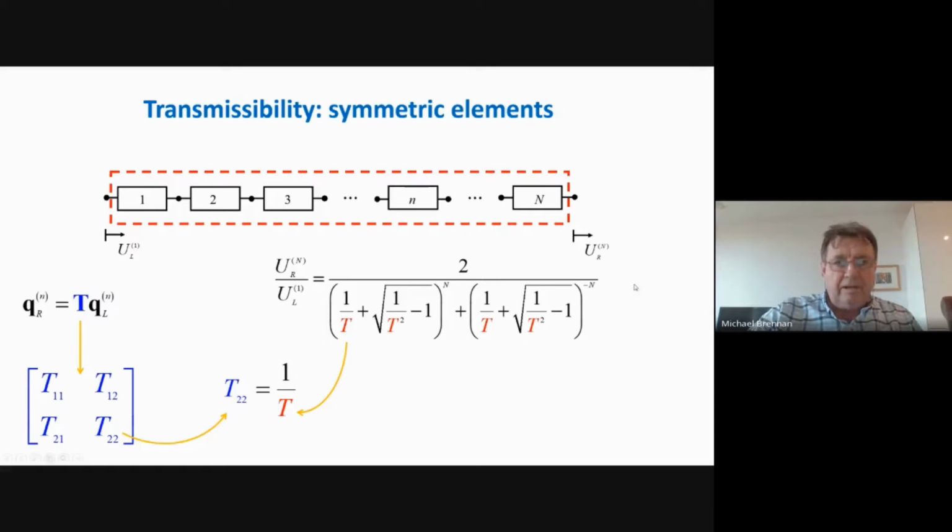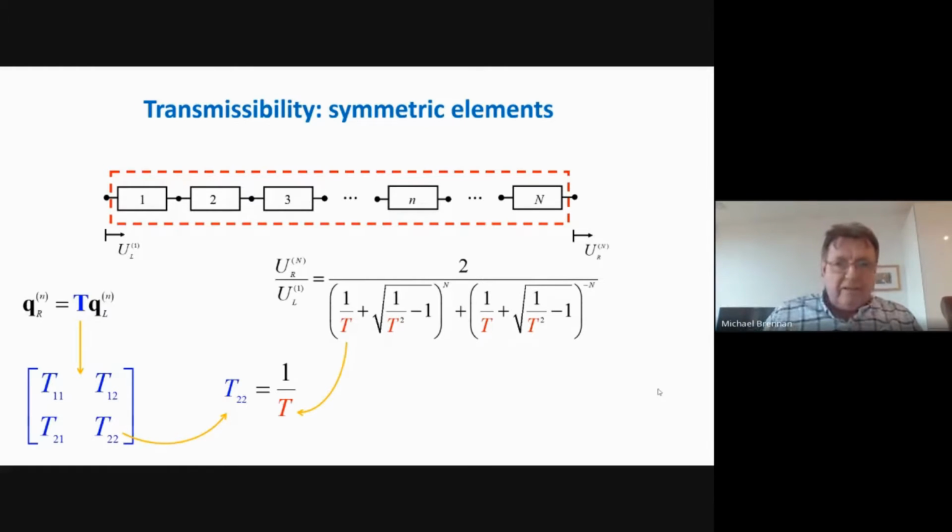But when you have a finite structure, then it does matter. And if you can formulate your problem such that you have symmetric rather than asymmetric elements, then further insight can be gained. So in this slide, we restrict ourselves to just looking at symmetric elements.